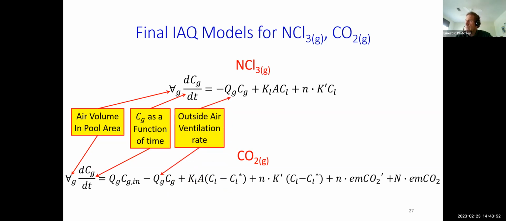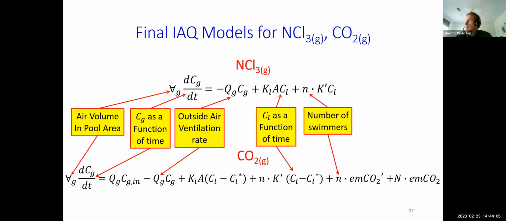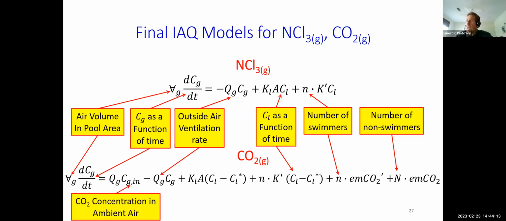Next, we have to account for outside air that's being brought into the facility. We need to account for the concentration of the volatile chemical that's present in the liquid phase, the number of swimmers, and in the case of CO2, the number of non-swimmers. This term over here represents the concentration of carbon dioxide in the ambient air that's relevant in the CO2 model.